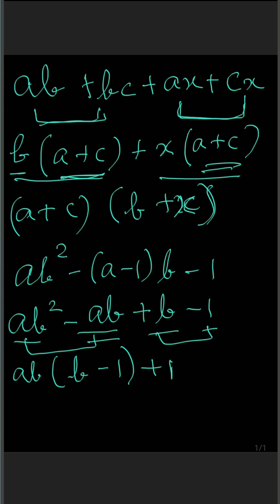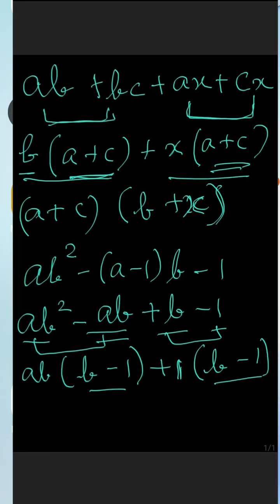We have 1 common, because if we multiply 1 with B, the outcome will be B. If we multiply 1 with 1, the outcome will be 1. So 1 is common in these 2 terms. If I take 1 as common, we are left with B minus 1 in the bracket. Again we get B minus 1 as a common factor in both the terms.